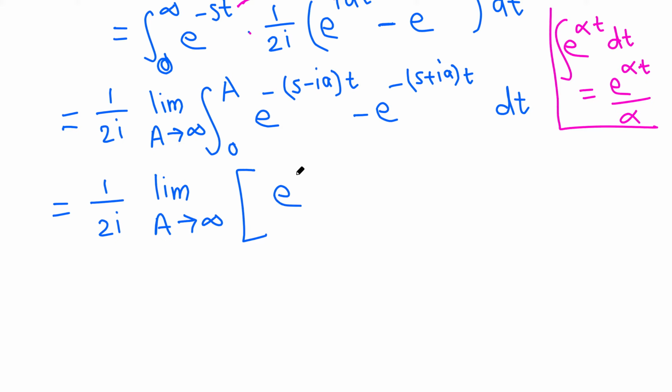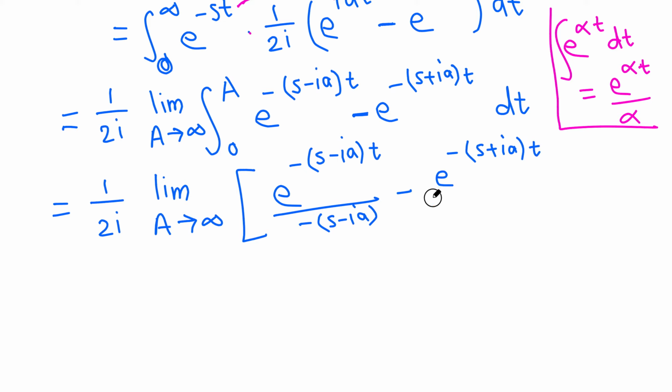So this is e to the minus (s minus ia)t divided by minus (s minus ia), with a minus sign, e to the minus (s plus ia)t divided by minus (s plus ia), from 0 to a.